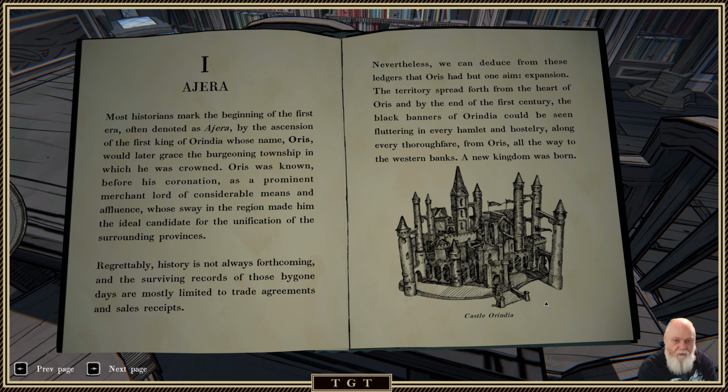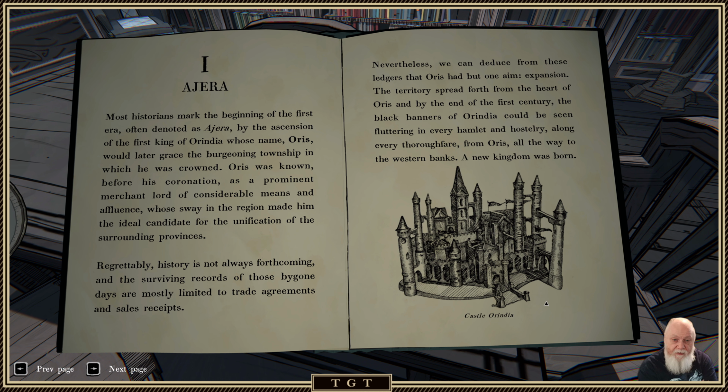Oris was known before his coronation as a prominent merchant lord of considerable means and affluence, whose sway in the region made him the ideal candidate for the unification of the surrounding provinces. Regrettably, history is not always forthcoming, and the surviving records of those bygone days are mostly limited to trade agreements and sales receipts. Nevertheless, we can deduce from these ledgers that Oris had but one aim: expansion.